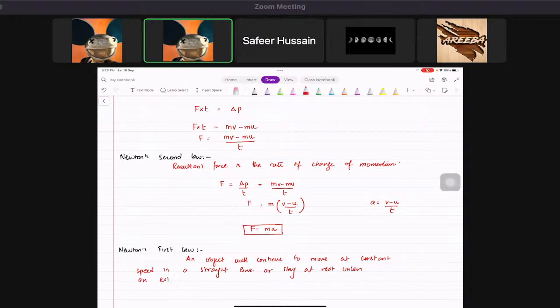Basically, he's talking about that resultant force that we have just seen in the second law.